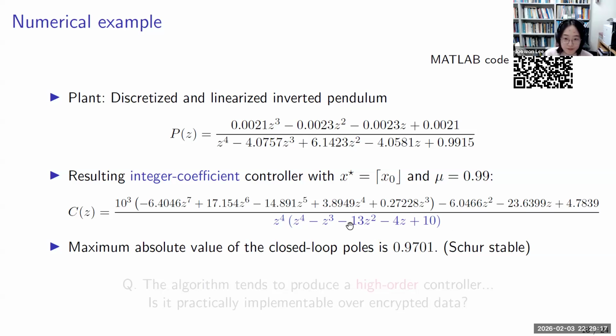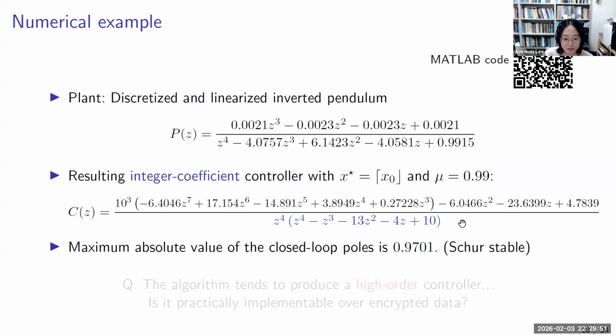And yes, this controller actually stabilizes this plant. As you can see, this controller that stabilizes this fourth order plant has order 8. And as you have already noticed, our update algorithm increased the order of the controller by n at each iteration.